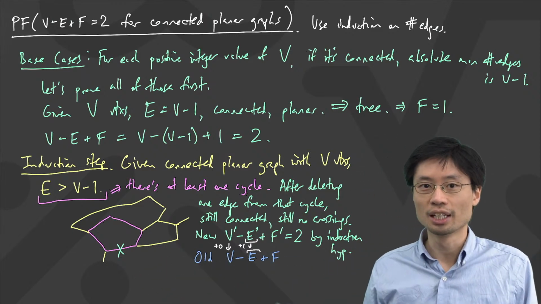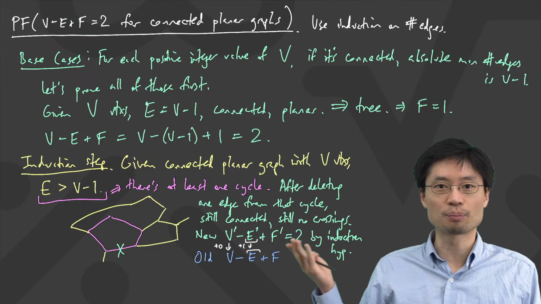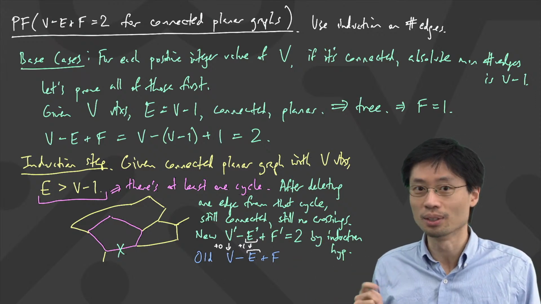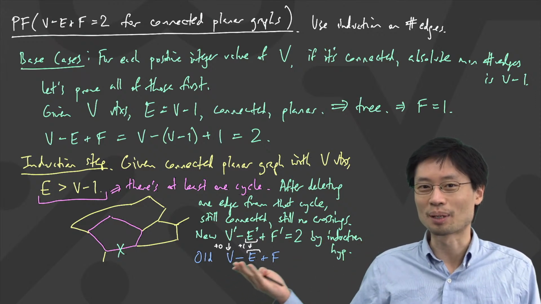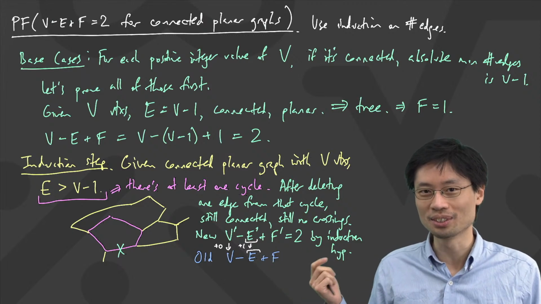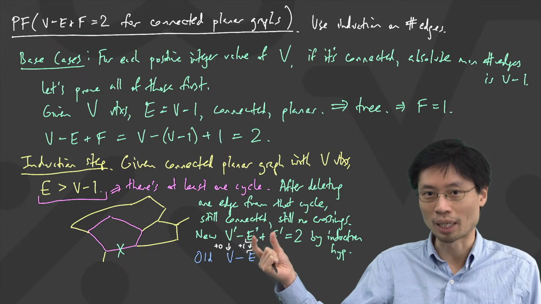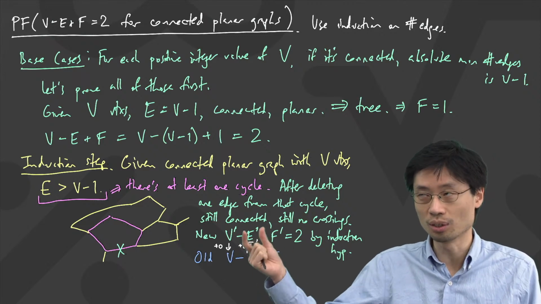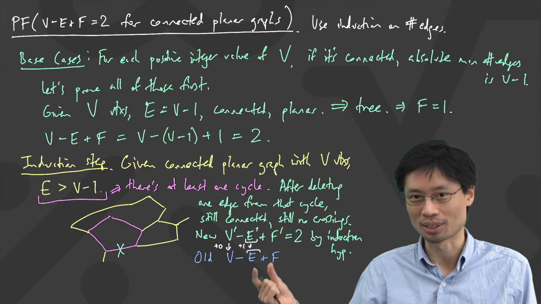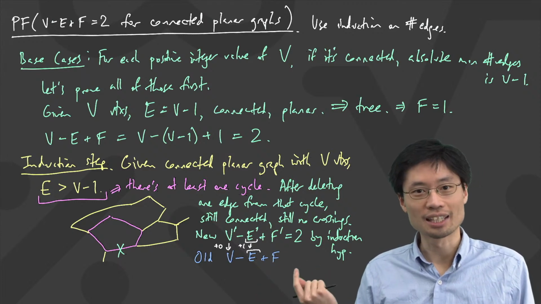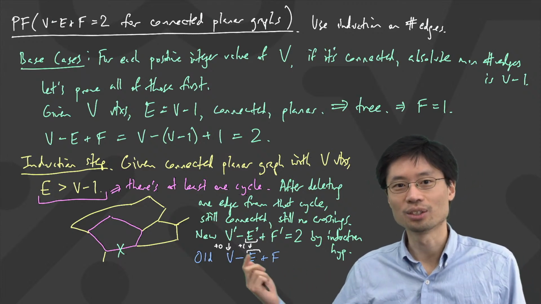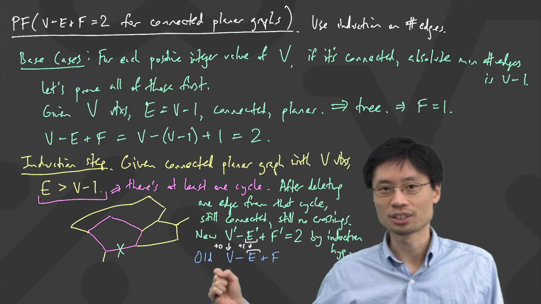So there's one less edge. And so if I have a true equality, V prime minus E prime plus F prime equals 2, from that true equality, I know that from the new E prime to the old E, that would have been a plus 1.